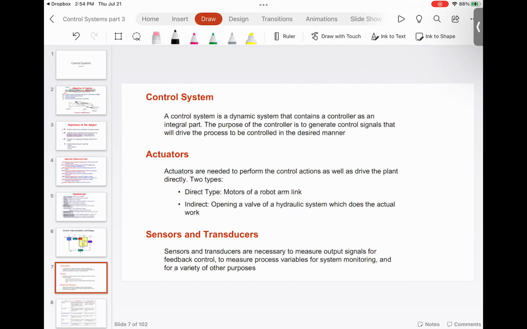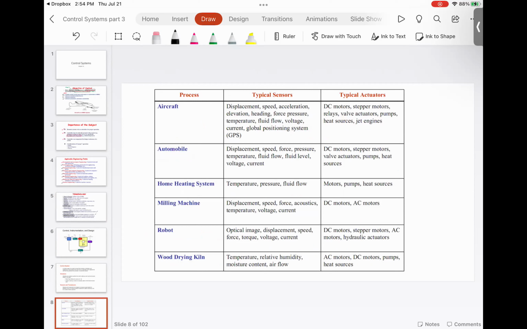So a control system, this is the classic definition of control system, has actuators, sensors and transducers, and these are the different systems wherein you have different sensors, you have different actuators, and these sensors and actuators either could run in a closed loop or they could be controlled in an open loop.